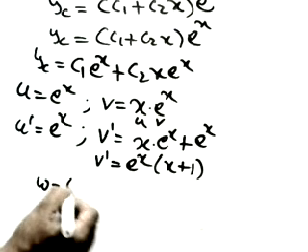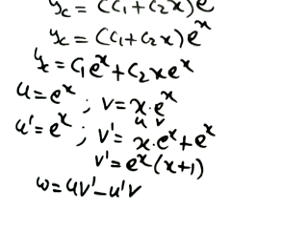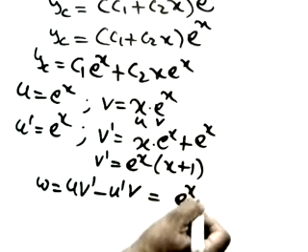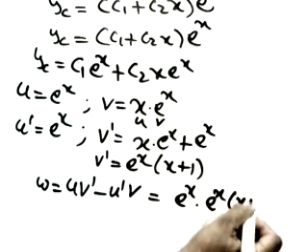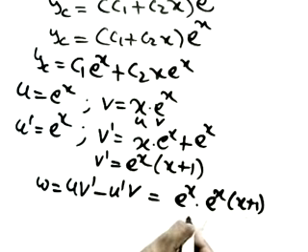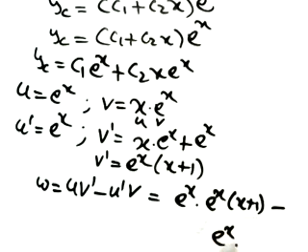Second step, we have to find W. The formula of W is u v dash minus u dash v. So equals u, which is e power x, into v dash, which is e power x into (x plus 1), minus u dash, which is e power x, into v, which is x into e power x.